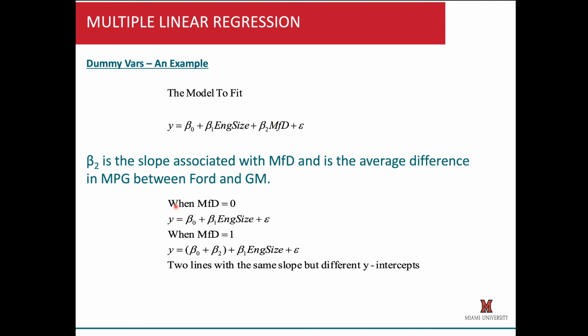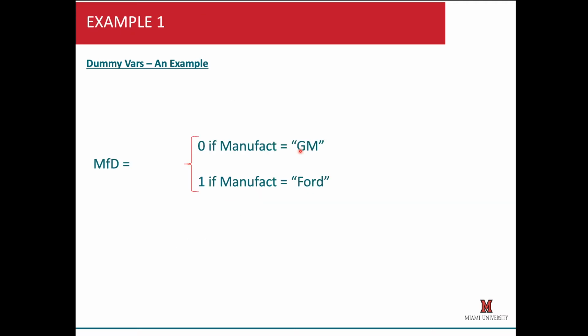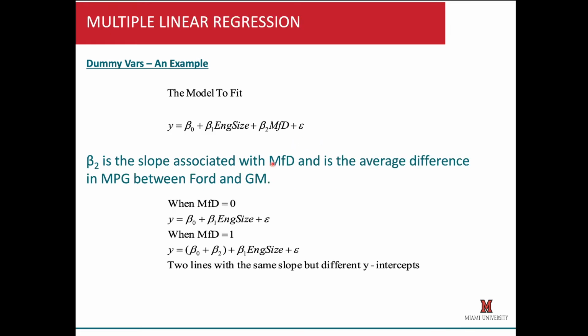So what happens really? When mfd is equal to 0, we are referring to GM cars. So the model is going to be the y-intercept plus the slope of engine size, and that would be the line for a car that is manufactured by GM.